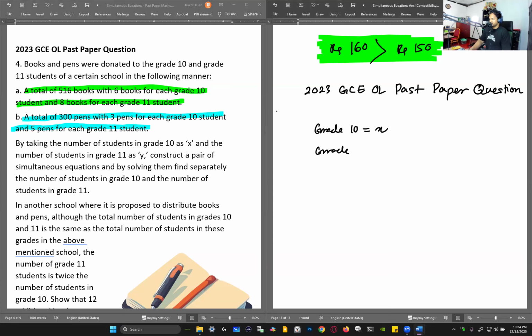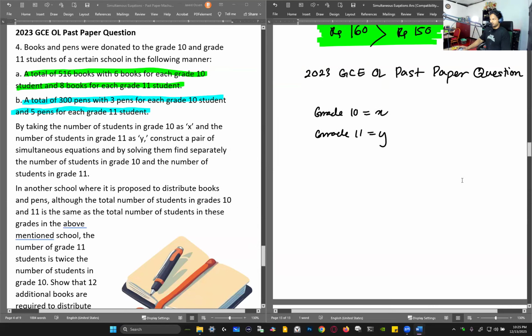That means grade 11 equals y. By taking the number of students in grade 10 as x and the number of students in grade 11 as y, construct a pair of simultaneous equations, and by solving them, find separately the number of students in grade 10 and the number of students in grade 11.